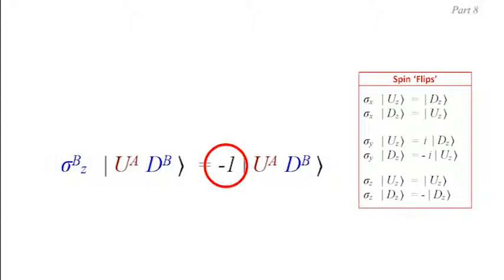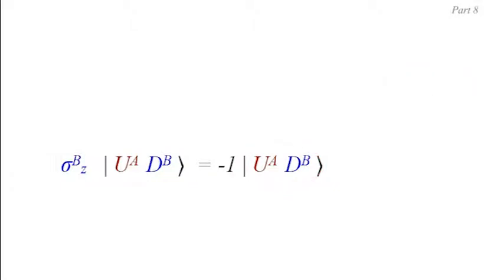It doesn't flip it but leaves it down and multiplies the state by -1. Consequently, we end up with -1 times the same up-down state. Even though it was the B electron that caused the multiplier -1 to be included, that multiplier goes outside the ket of the new state, as of course it must.